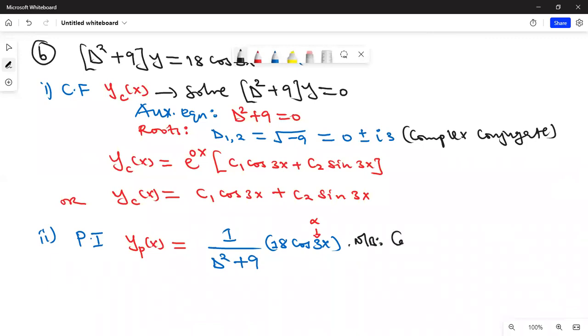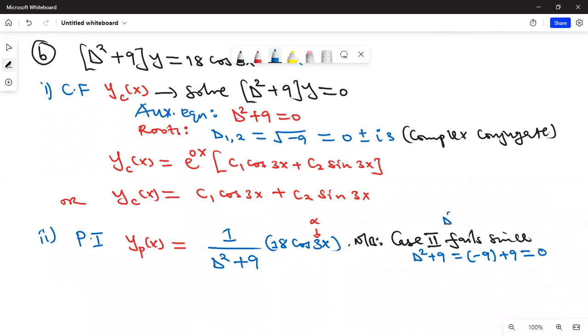that case 2 fails. Why? Since D squared plus 9 is simply equal to -9 plus 9, which is equal to 0.